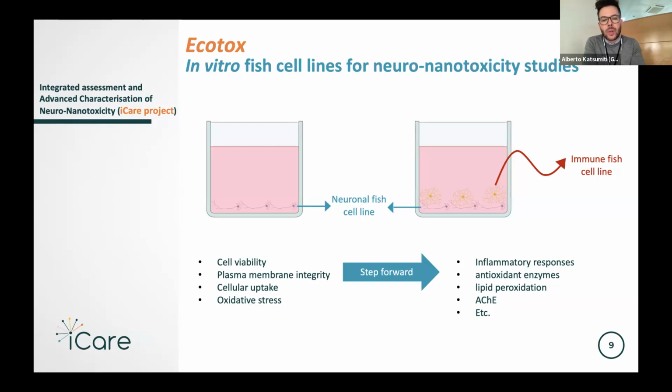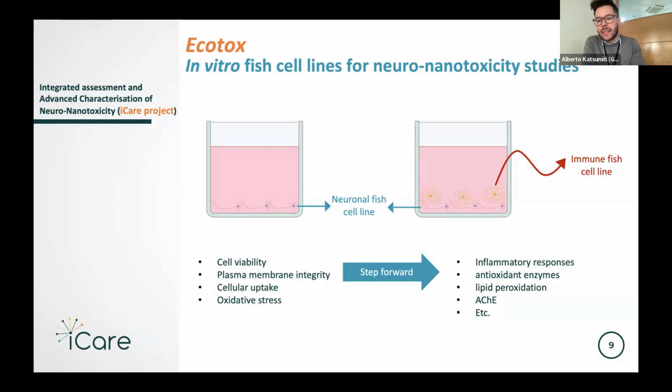We want to explore the sensitivity and the usability of very classical and general cell parameters that we can measure in vitro, for example cell viability, plasma membrane integrity, cellular uptake, and oxidative stress, but also more specific effects that can be related with exposure to these chemicals. So effects related with inflammatory responses, antioxidant enzymes, lipid peroxidation, acetylcholinesterase, and so on.